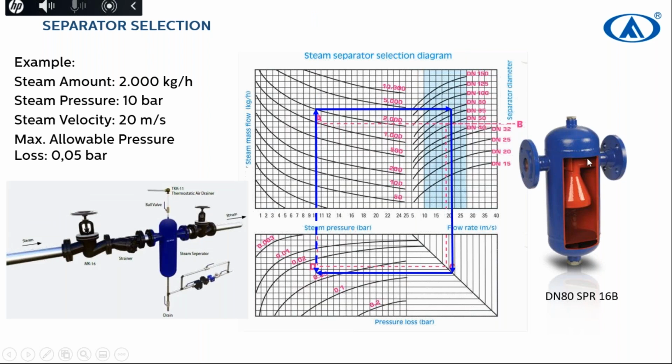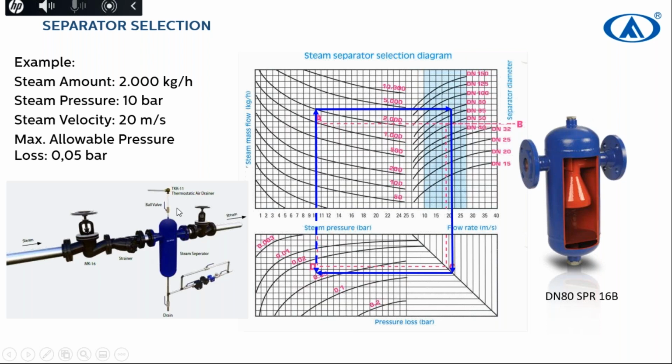And after that, when you select the separator, you need to focus on the other equipment, because the separator alone means nothing. You need to discharge the condensate from below or inside the separator with a steam trap unit. You need to discharge the air which is stuck inside the separator with an air drainer.